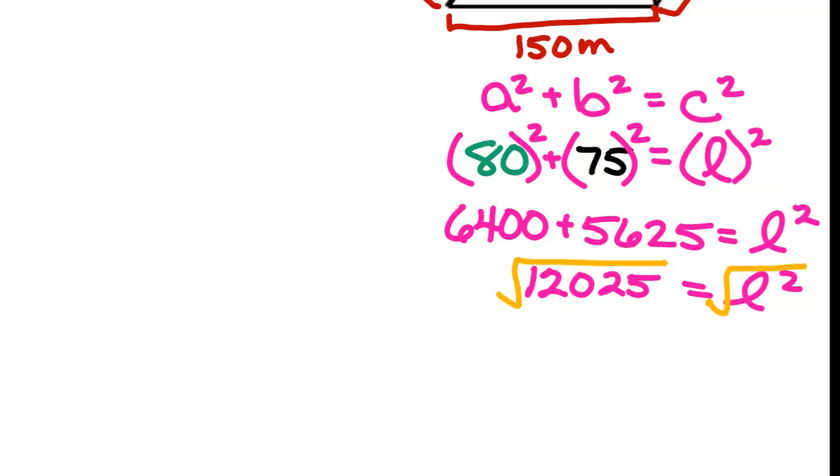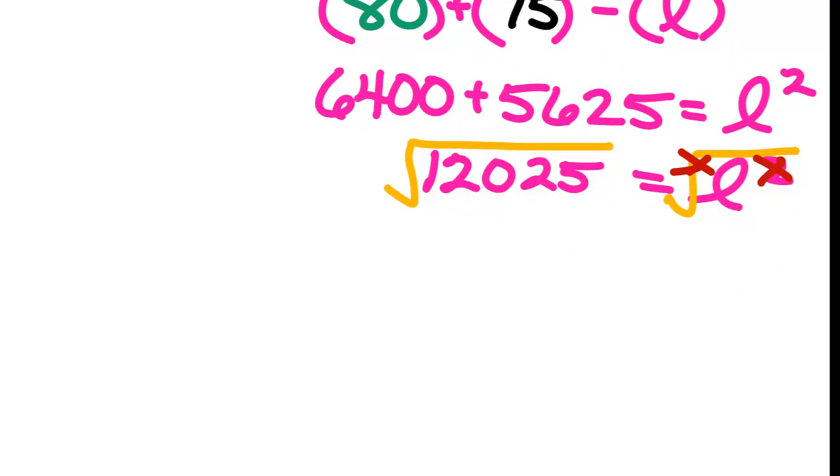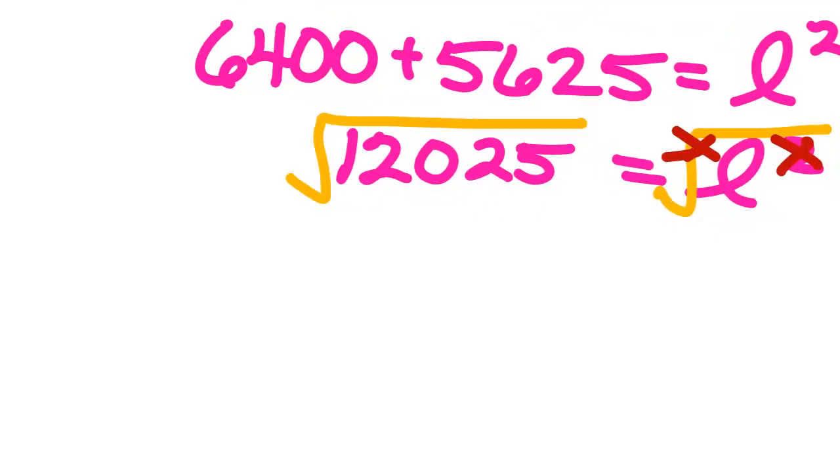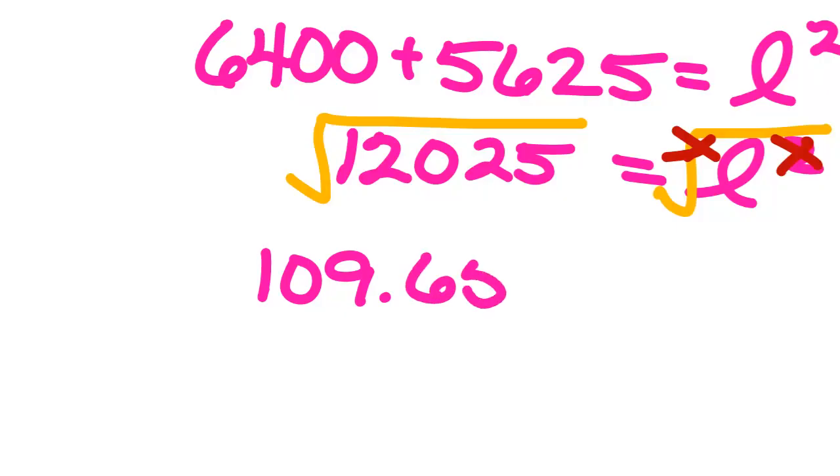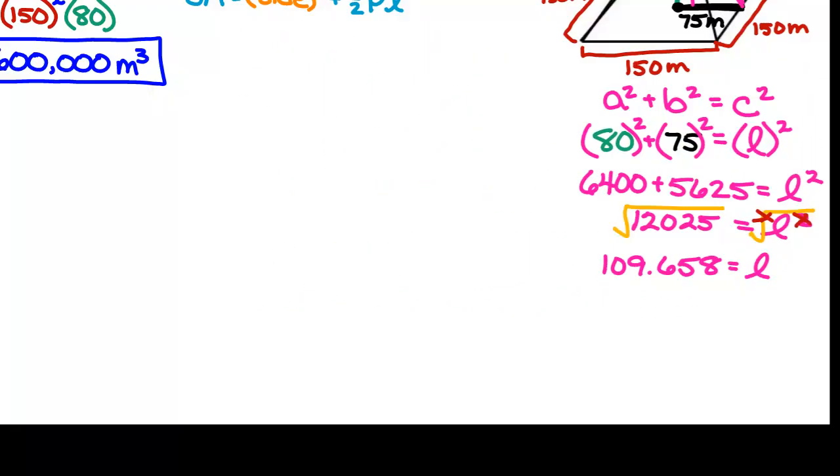If you do it to one side, you have to do it to the other side. The squared and square root cancel each other out on the right. And our slant height comes out to be about what when we round it to 3 decimal places? 109 point, what was the decimal? 65, and I still didn't catch that last digit. 658. Remember, we always take it out to 3 decimal places. Always out to 3 decimal places.